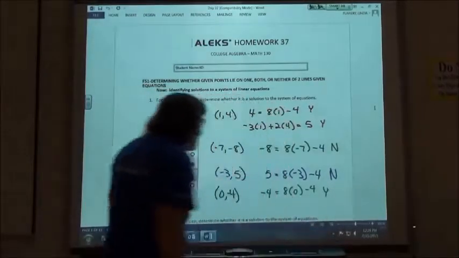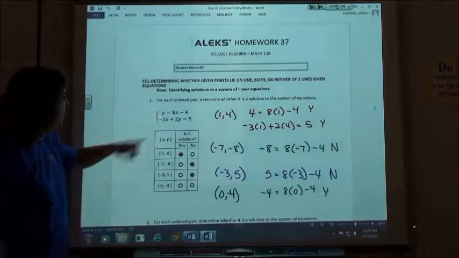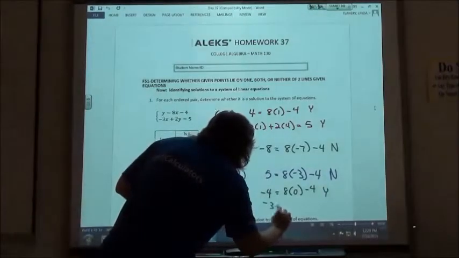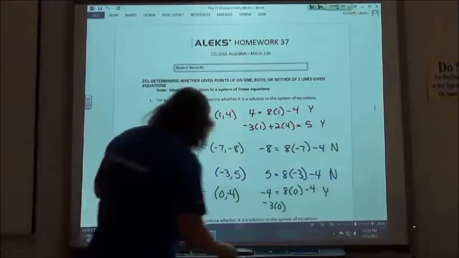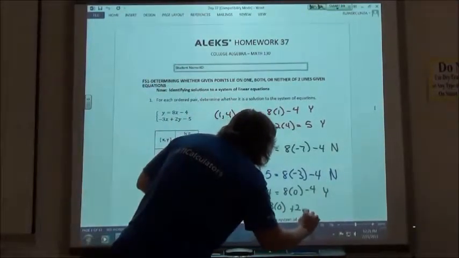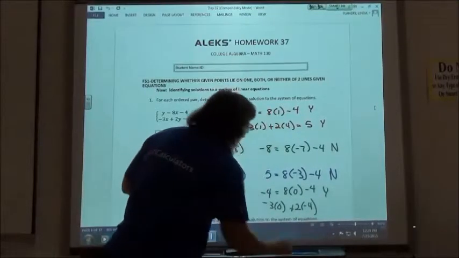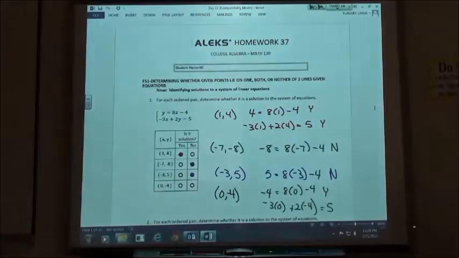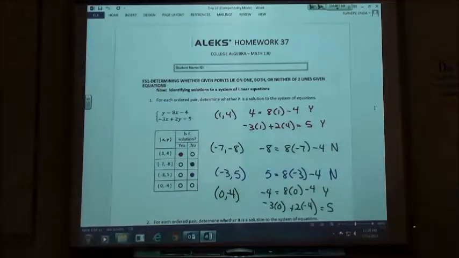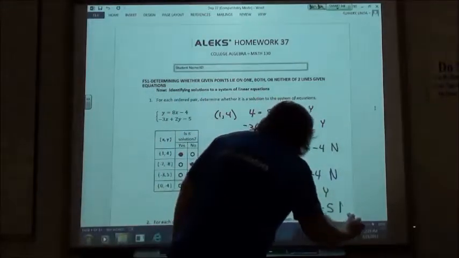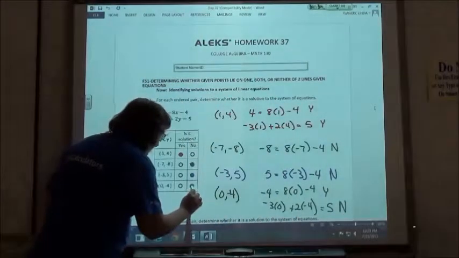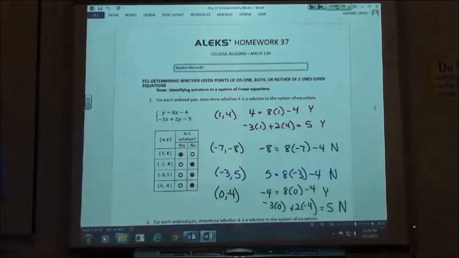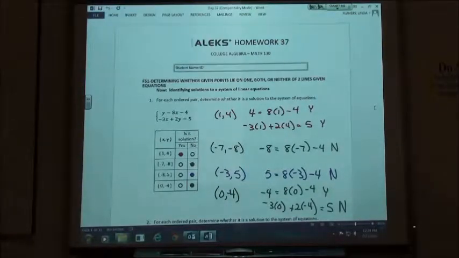So since we got a yes in the first, we better check the second one. Negative 3 times 0 plus 2 times negative 4, does that equal 5? No. So since we got a no, it's still a no. So the only way to have a yes is to have both of them be yeses.